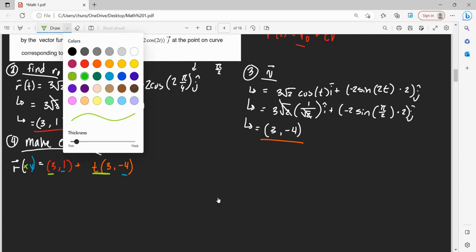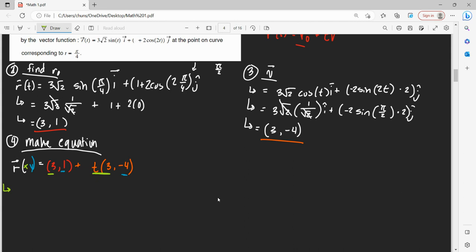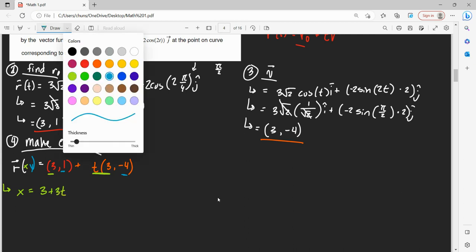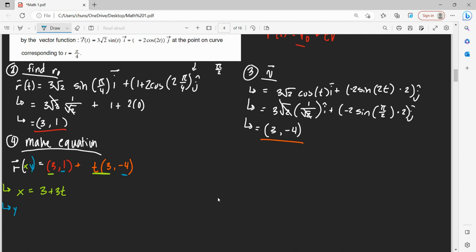It's going to make it equal to each component. So let's just work with our x and y components. So that's x equals 3 plus 3t. And y, that is y equals 1 minus 4t.